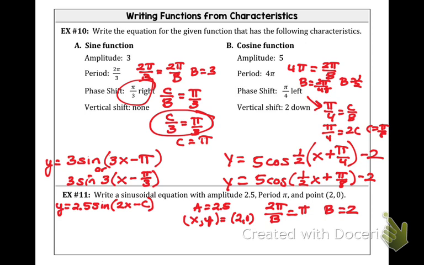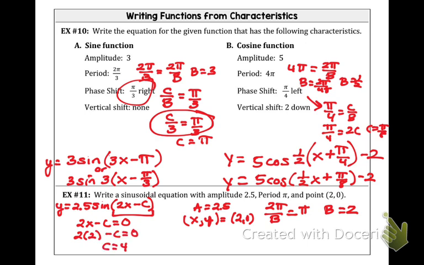Now, let's think about this. This is my argument, right? This is representing my angle, my x value of my function. So 2x minus c is telling us that we need to equal 0, because that's our y value of our ordered pair. And we said that this needs to happen when x is 2, so 2 times 2 minus c needs to equal 0.